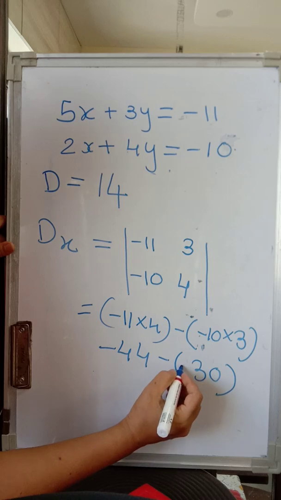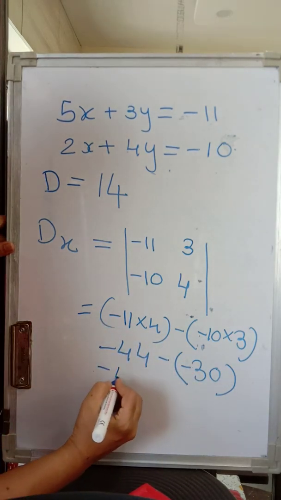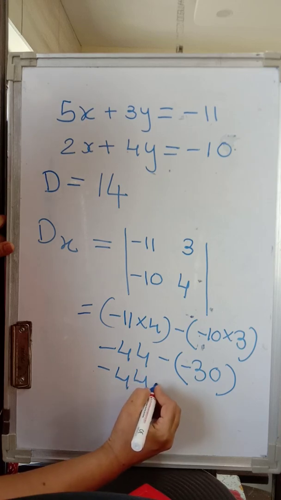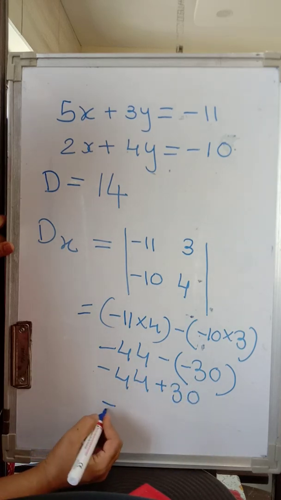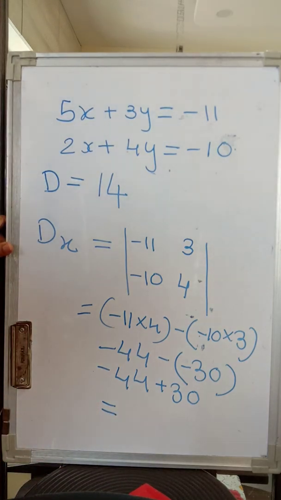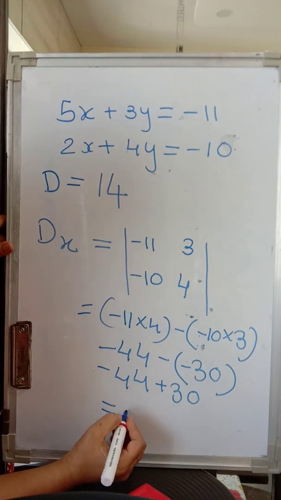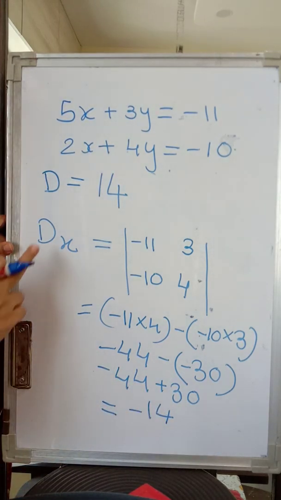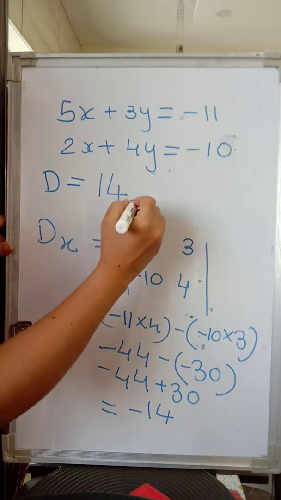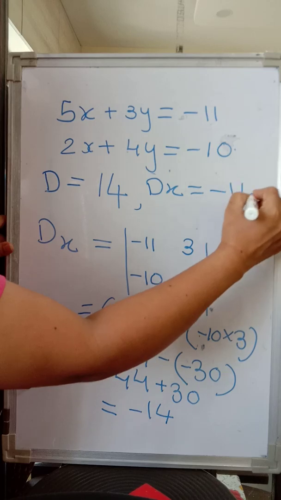Minus into plus will be minus, so we have minus 30. Now open the brackets. We have minus 44, minus into minus plus 30. So what answer did we get? Minus 44 plus 30 will give you minus 14. This is the value of dx. So dx is equal to minus 14.